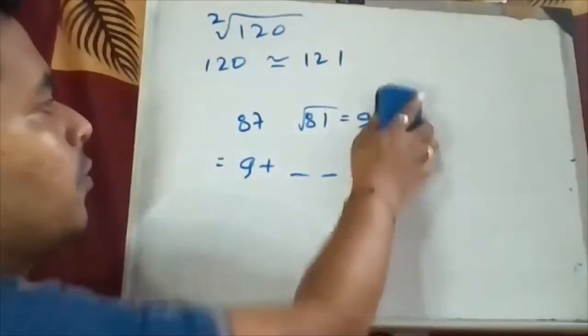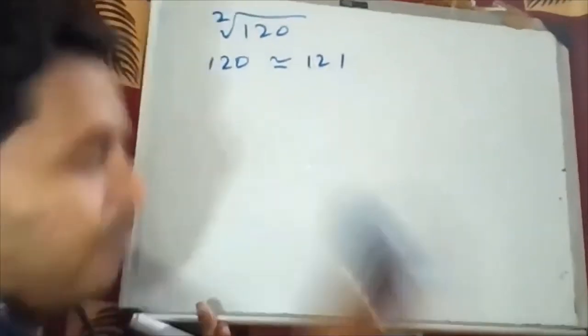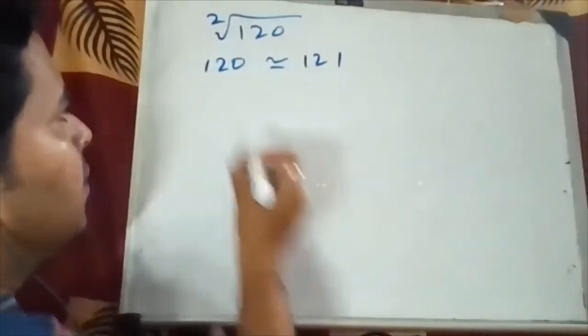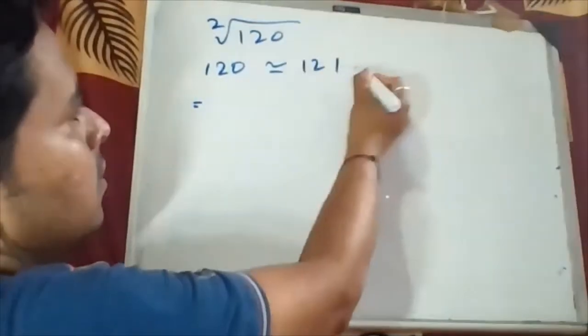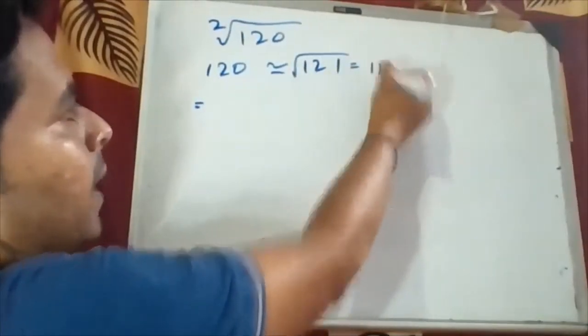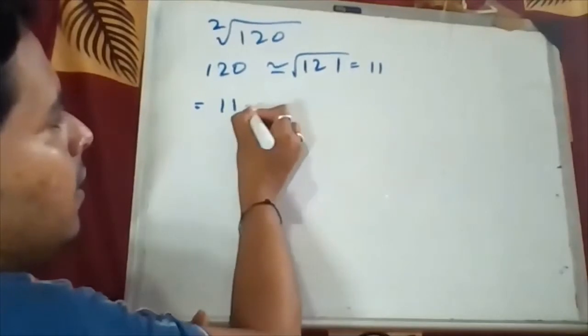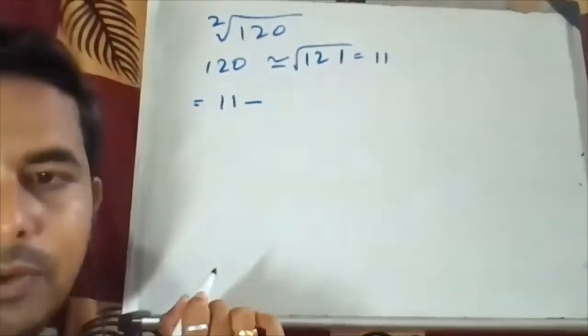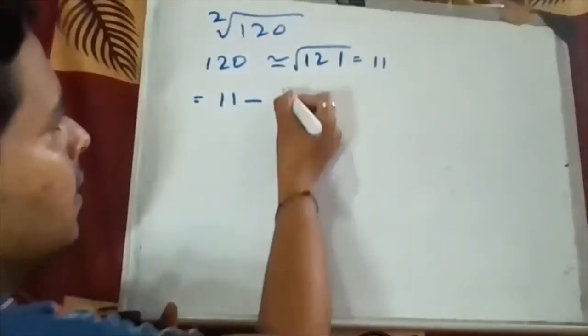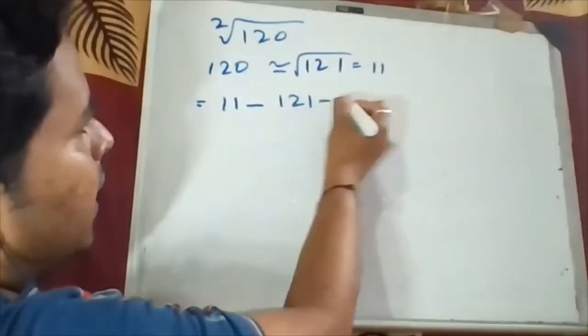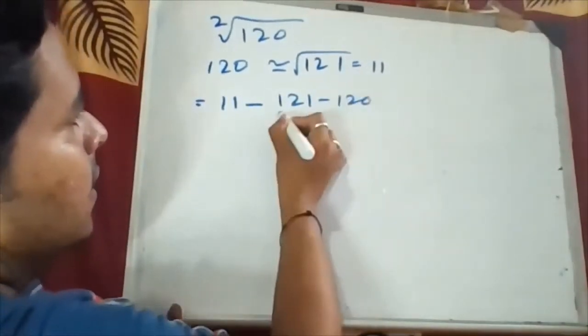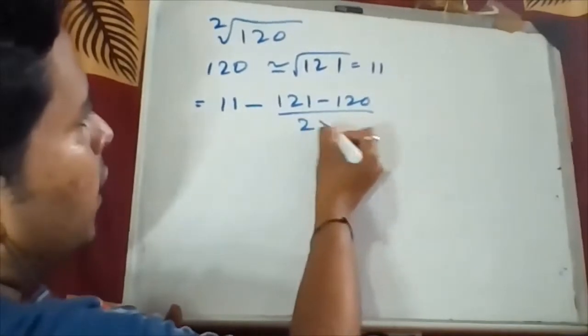But in this case, 121 is bigger. So if 121 is bigger, what you have to do? The square root of 121 will be 11. So 11, you have to do minus in that. You have to do 121 minus 120 divided by 2 into 11.